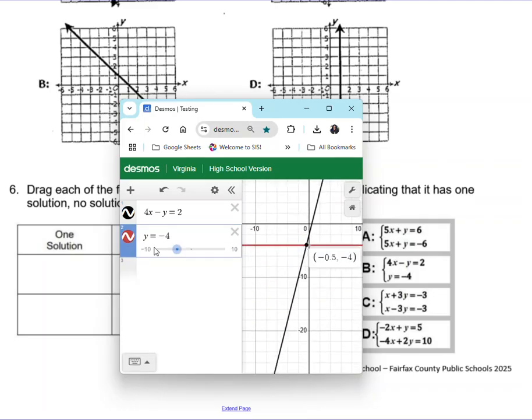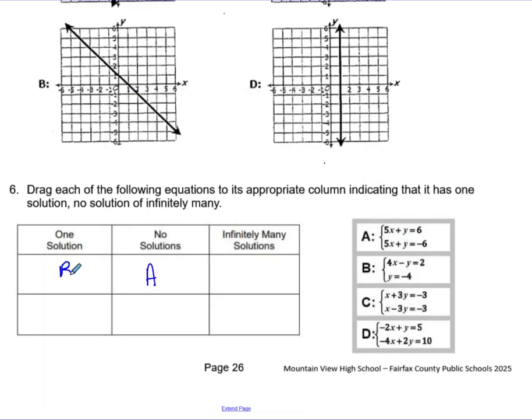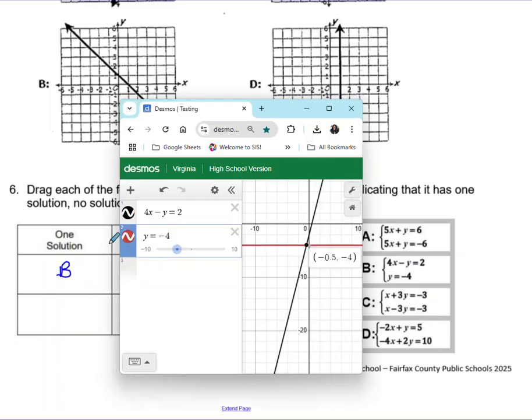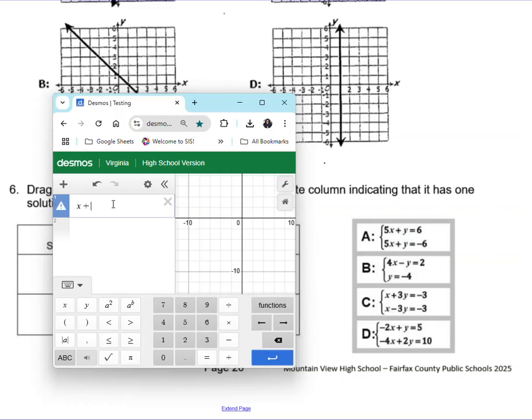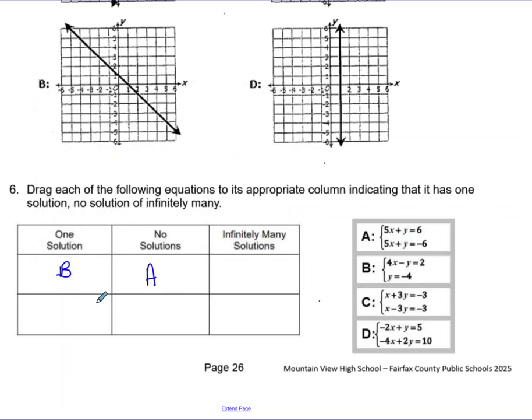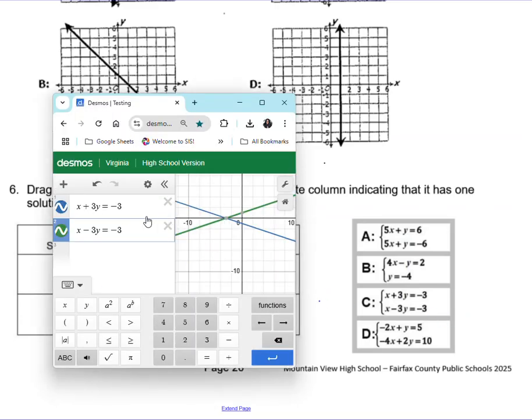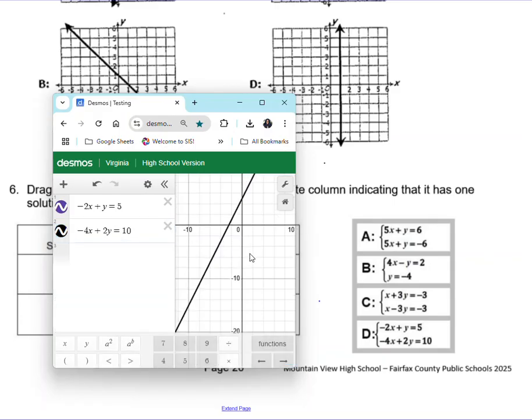Looks like it has one solution, so this is B. For C, one solution for C, and then that one is infinitely many solutions.